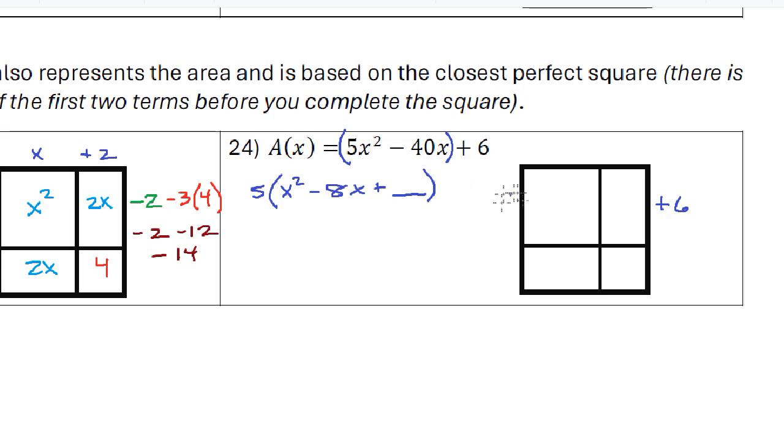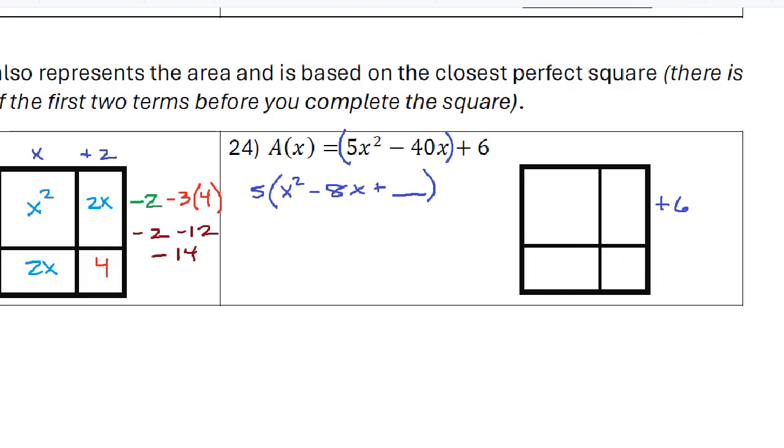And then we're going to have this leftover showing up over here. So here we go. Let's complete the square. So far, class, again, think about this. Everything I've done so far hasn't changed this equation at all. I haven't added or subtracted anything from it. It's the same exact equation. Here's our 5 times x squared minus 8x. There's your 5x squared minus 40x. And our plus 6 is showing up over here.